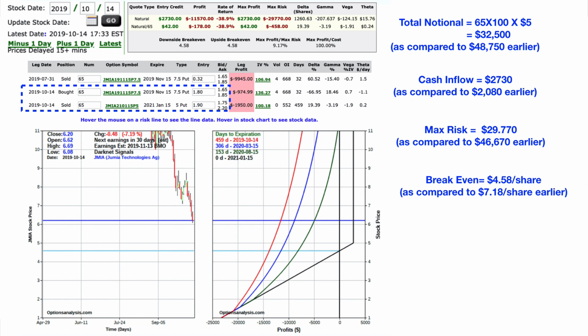I did the trade yesterday, which is 14th of October 2019. So I go and buy 65 contracts of the November 7.5 strike put, and I sell 65 contracts of the January 5 put. So just by itself, this spread is a calendar spread, and this is also a diagonal because the two legs have different expiries and the strike prices are also different.